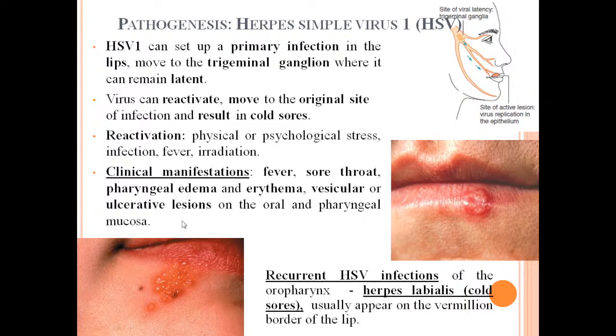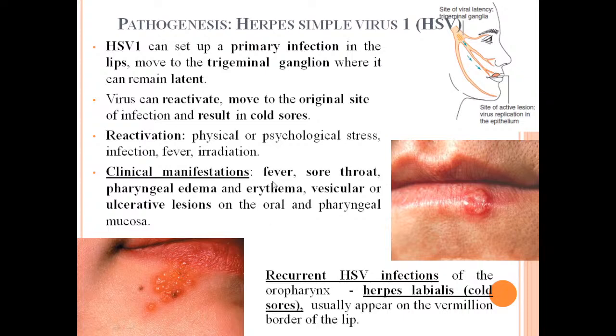What are the clinical manifestations? Firstly, the only visible clinical manifestation that occurs in everyone is formation of vesicles or sores on the lips, on the skin, or in the mouth.